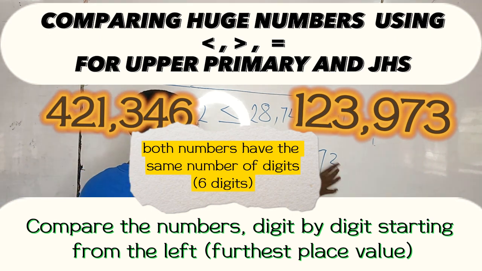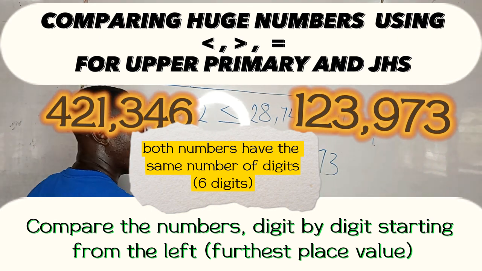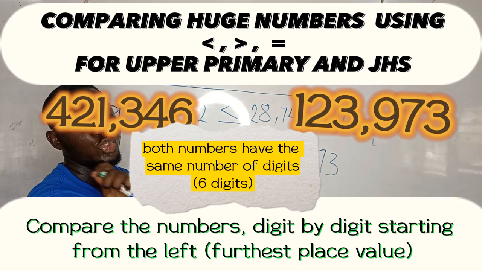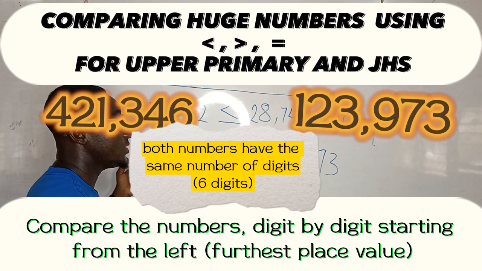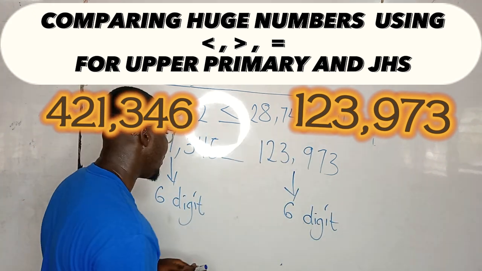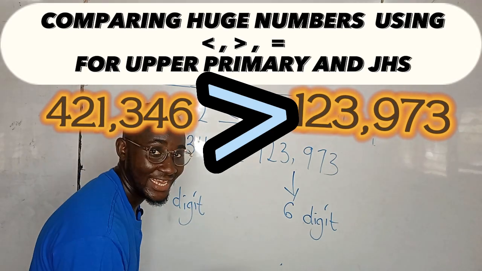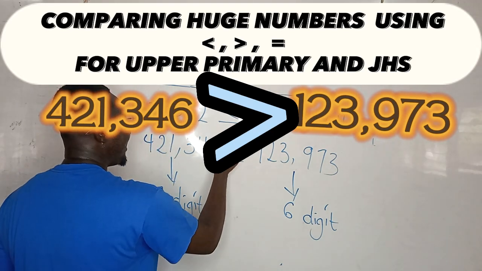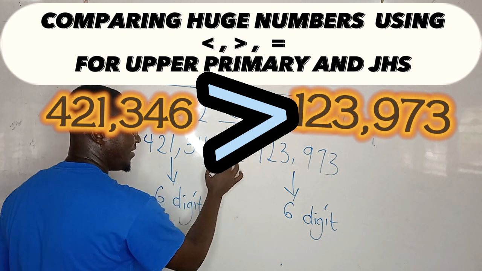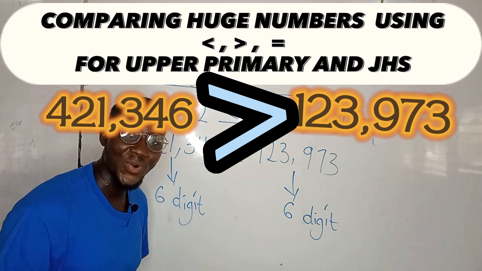Don't start from the ones place value. And we have 4 here and 1 here. Automatically, 4 is greater than 1. So, remember, you swallow the big number and then you kick the small number.